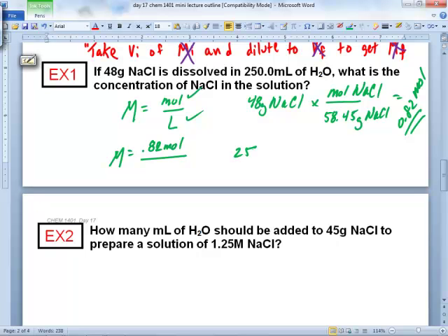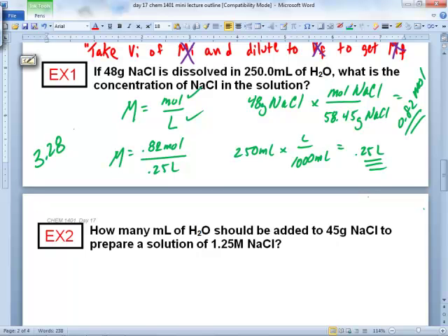We've got 250 mils. Oh, she remembers. Milli is 1,000. Does anyone know the quick trick to doing it? Move the decimal place over how many times? 3. But this is safer, right? Because no way you can screw up here. So that'll be 0.25 liters. So 0.82 divided by 0.25, about 3.28.